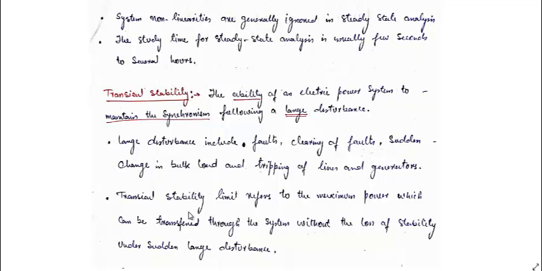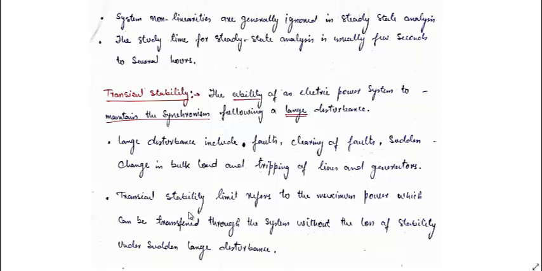So it is to be changed in bulk, and the transient stability limit refers to that bulk maximum power which is changed in bulk. When that is transferred without losing synchronism, we say that it refers to the transient stability limit.